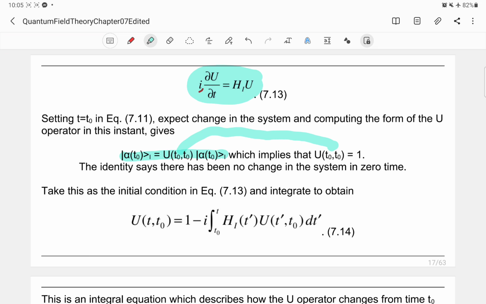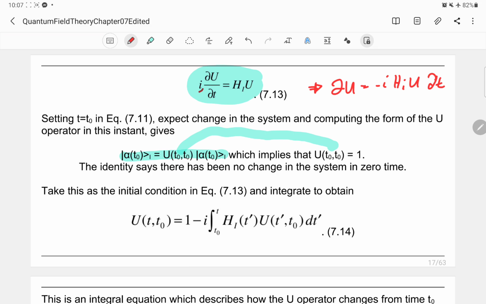So there has been no change in the system at time 0. And by the way, you can rewrite this as the derivative of U equal to negative i H U dt.